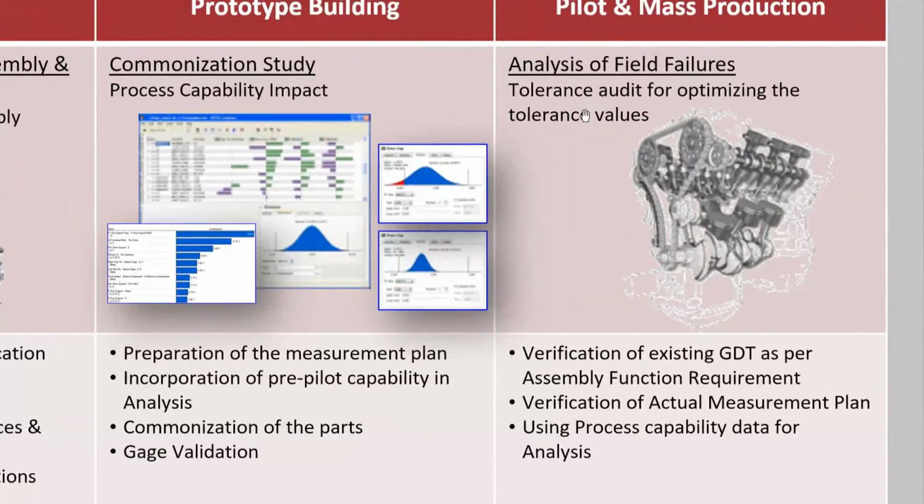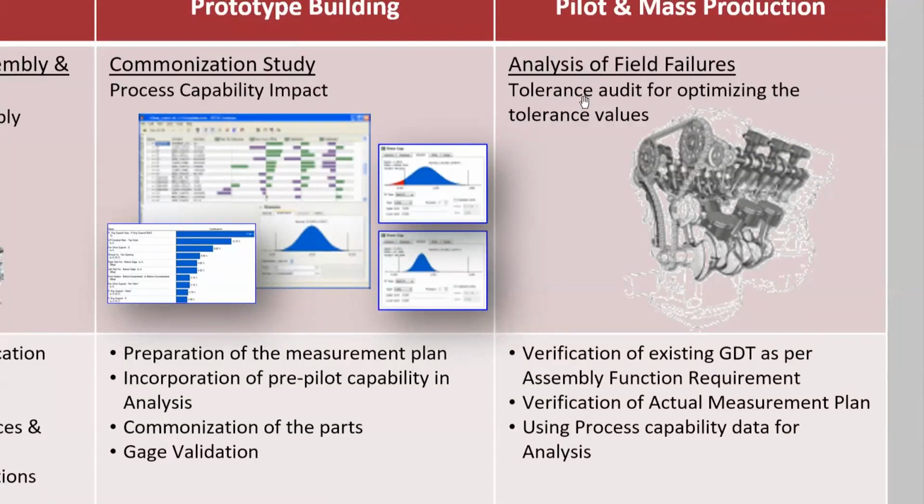In mass production, you can do the tolerance audit for optimizing the tolerance value. You can make some tooling change, right, to get a better result without a shift to the mean value, right?